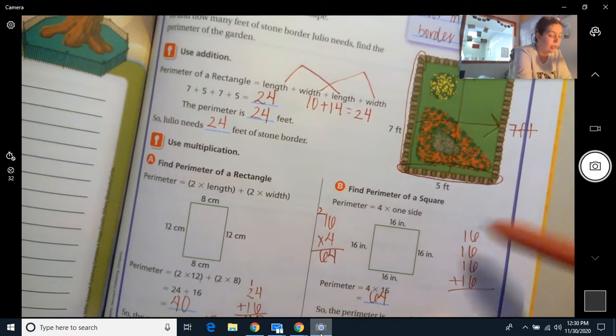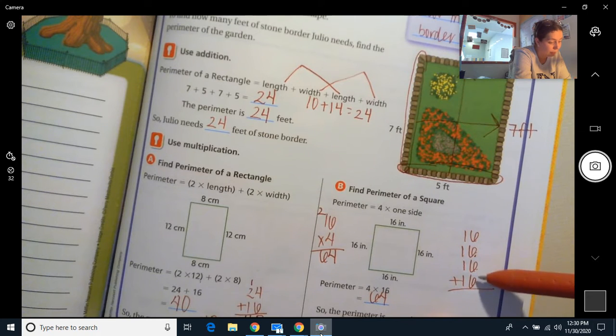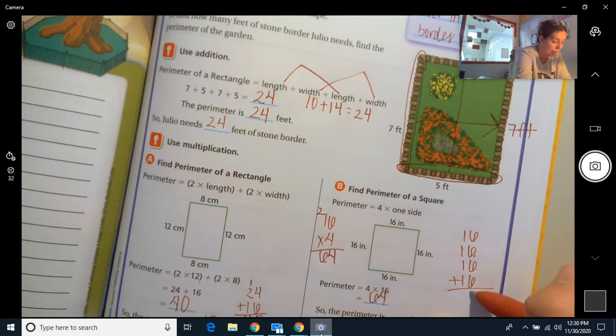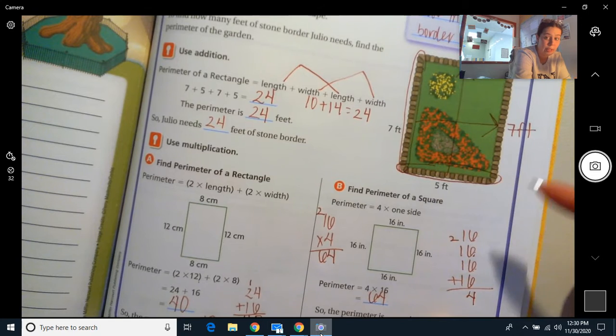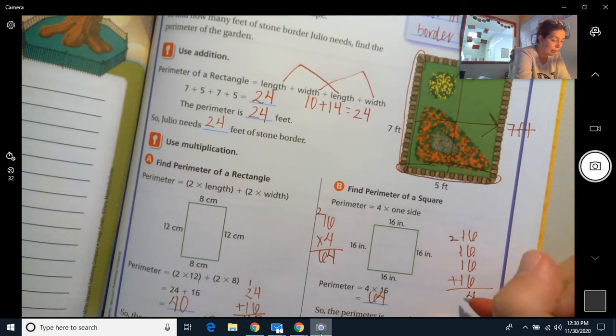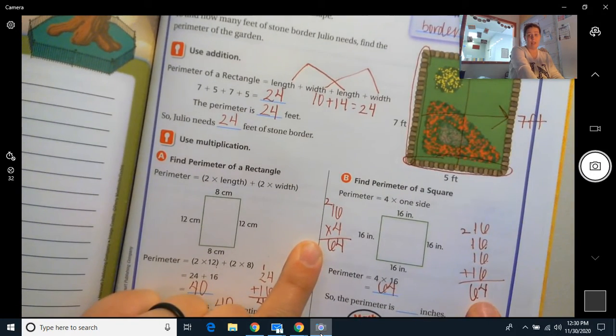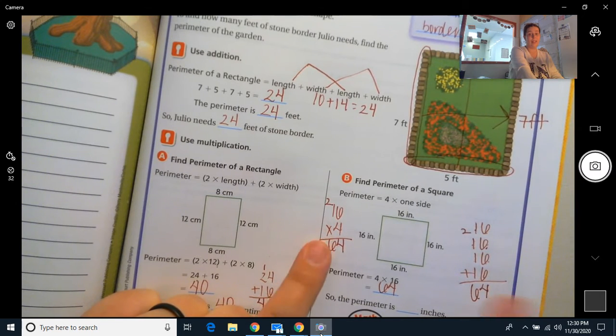Let's take a moment and do this. 6 plus 6 is 12. Plus another 6 is 18. Plus another 6 is 24. Write down my 4, carry my 2. And then I add 2 plus 1 is 3, 4, 5, 6. As you can tell, and you know, Mrs. Cox is really good at math. So, because of that, Mrs. Cox can do these in about the same amount of time.